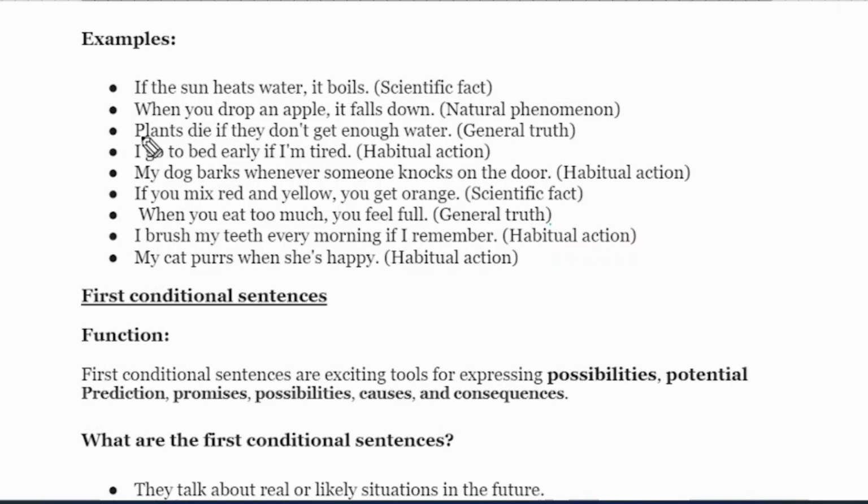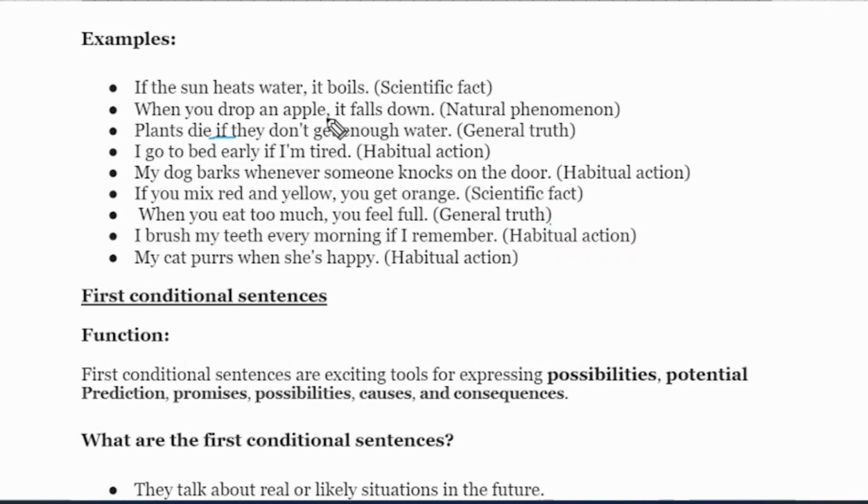In the third sentence: plants die if they don't get enough water. You can see that we do not use if or when at the start. We use if in the middle of the sentence. When we use if at the start, we use a comma in the middle: when you drop an apple, comma, it falls down.